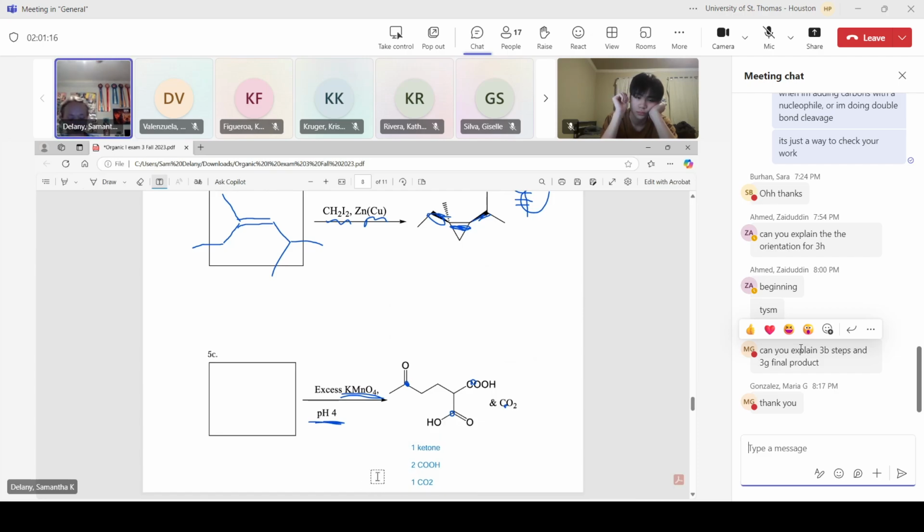Now we can't get a, okay, wait. Just making sure I do this all right. Perfect. All right. So there are multiple ways that you could do this one, but you know that from a ketone and from a carboxylic acid, from one of your carboxylic acids, you can make an alkene cleavage.